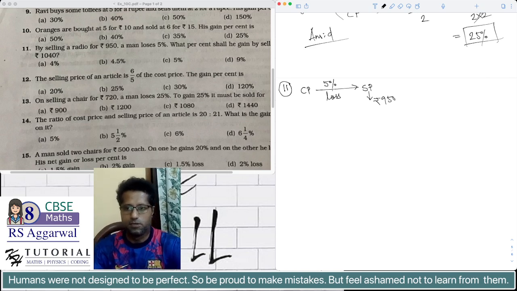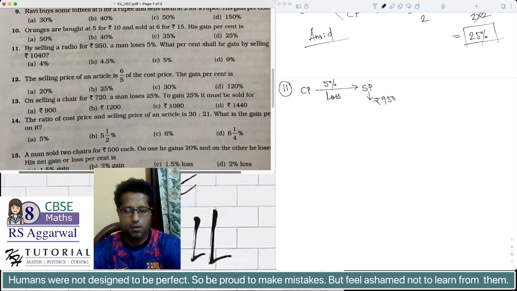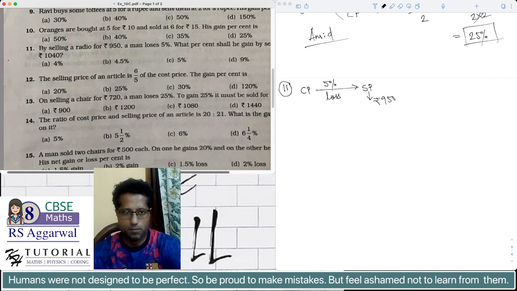So the selling price is rupees 950, and there is a loss of 5%. From here we can easily calculate the cost price, and once the cost price is known, it is asking by what percent shall he gain by selling it for rupees 1040.